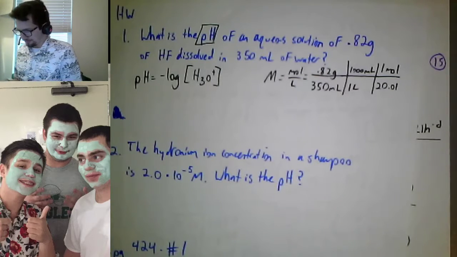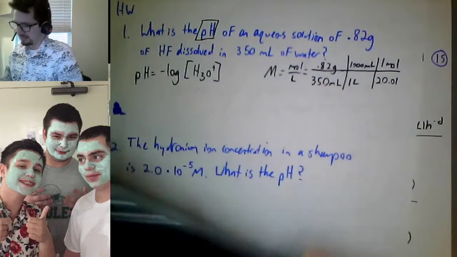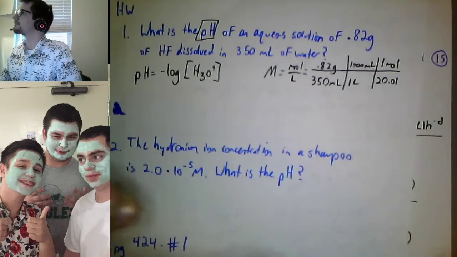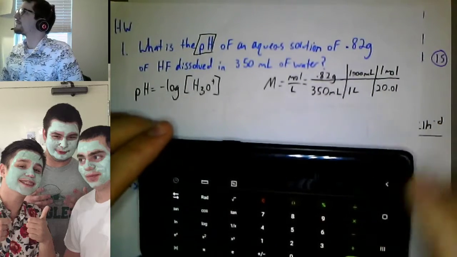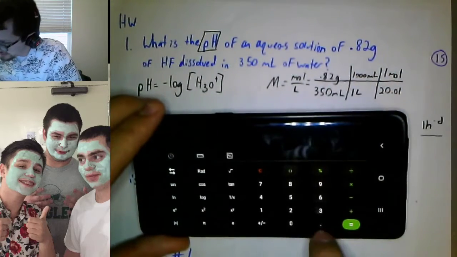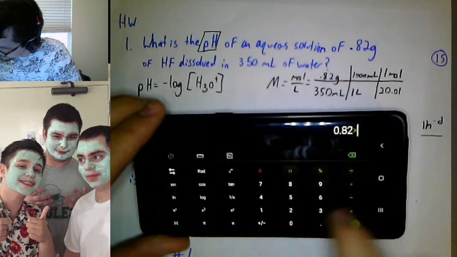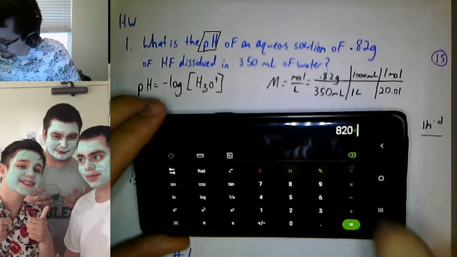So I'm going to do this on camera so you can see what I'm doing. Can you read that? I got to turn the brightness up. There we go. So I'm going to do 0.82 times 1,000. And then I'm going to divide that by 350.